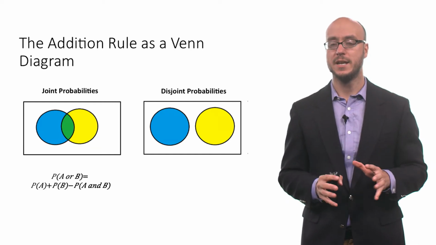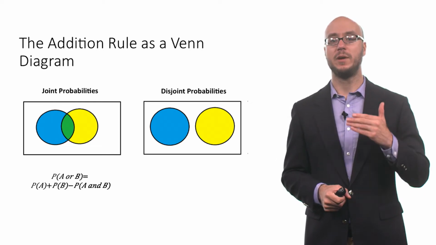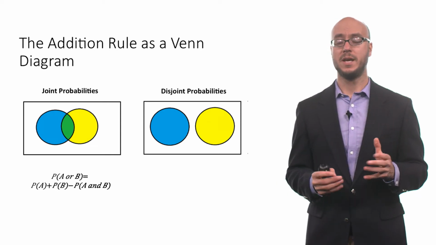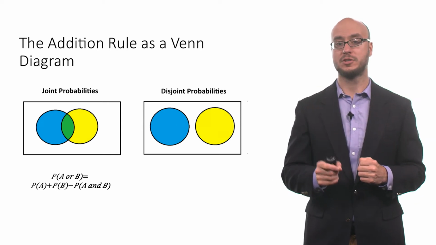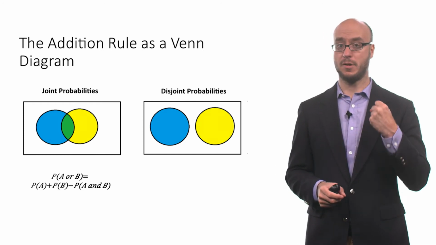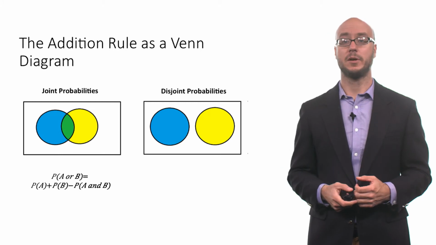The reason we do that is we don't want to double count the intersection. If we add A and B and just say that's the probability of A or B, we're actually counting that middle part twice, because the intersection is embedded in the probability of A, but it's also embedded in the probability of B. So you have to subtract out that middle part.